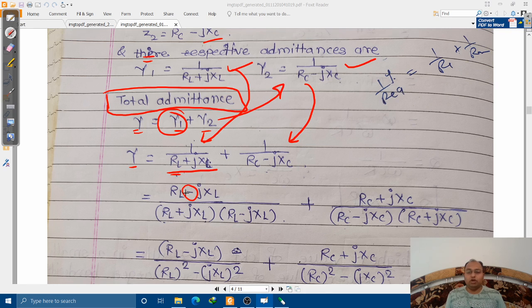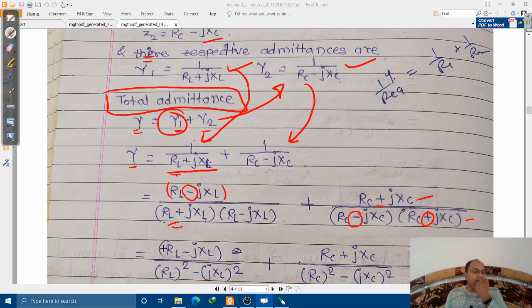The middle term gets altered: if it is plus, we take the minus sign, and we multiply and divide by this complex conjugate. Similarly, in this case also we have taken the complex conjugate, that is plus, and multiplied and divided by it.